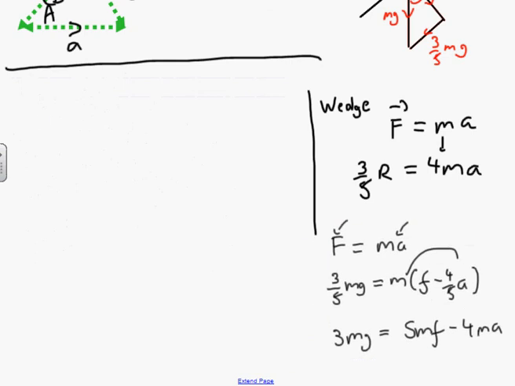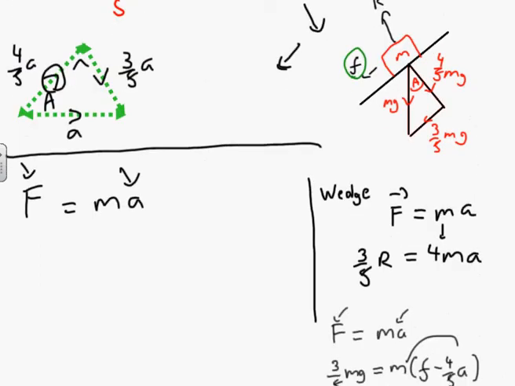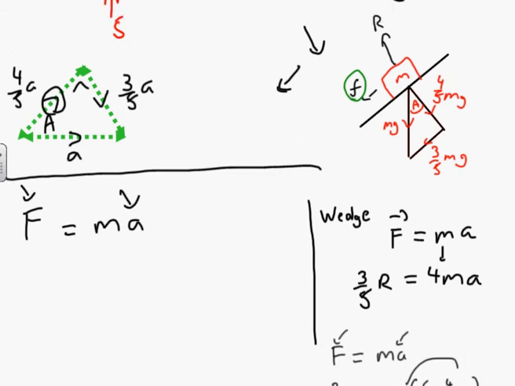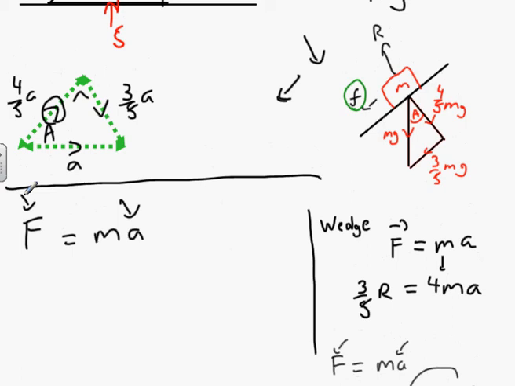F equals ma, except it's gone diagonally down. Okay, so we're going to have a quick look up at your diagram. What's forcing it directly downwards in that direction here? 4 over 5 mg, perfect. Then what's working against it? The R value.